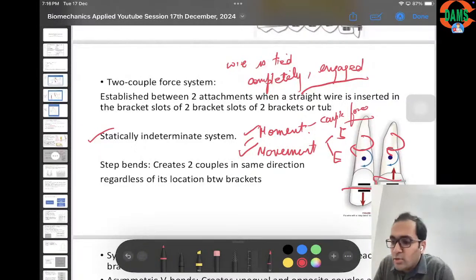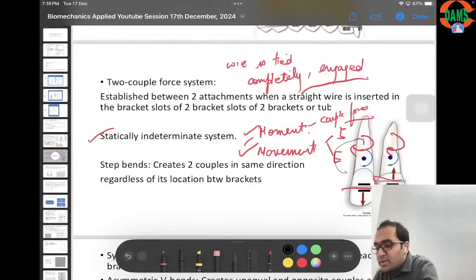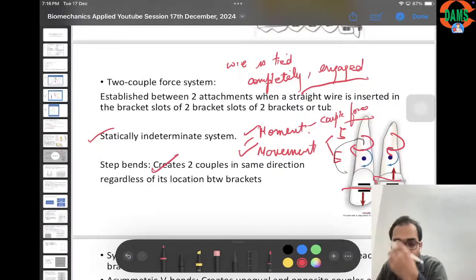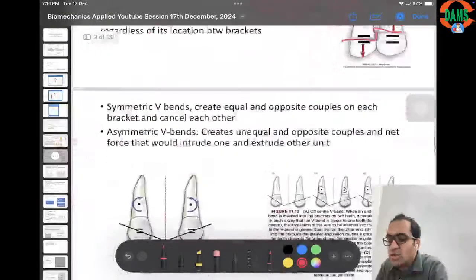And as we know from our previous lecture regarding Newton's law, the movement will be in the opposite direction to balance out this couple. So it will be like this. Okay, so one tooth will intrude, one tooth will extrude. So for your exam point of view, what you need to remember is that it creates two couples in the same direction. Okay, so this was the easier part.